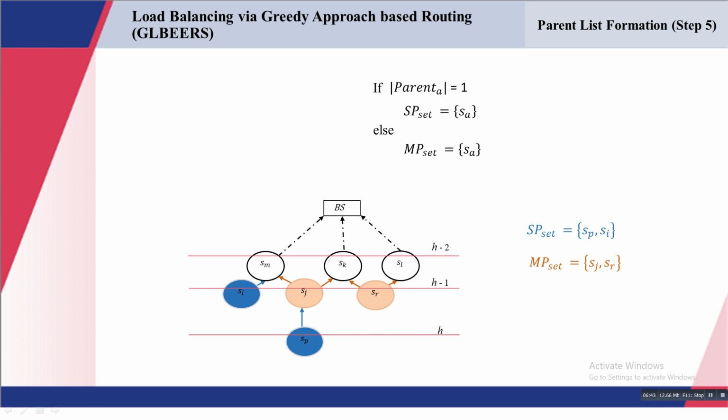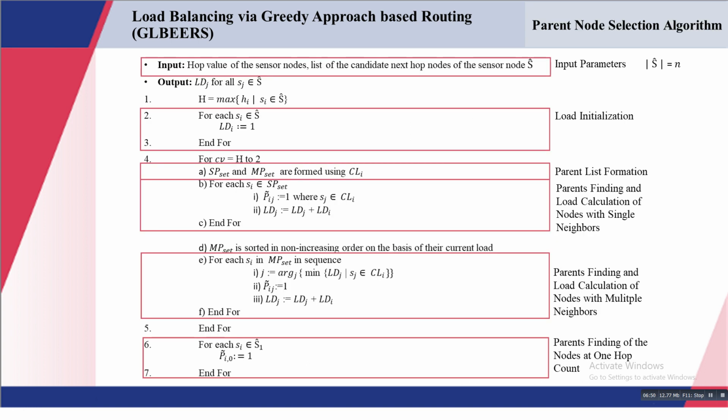Fine. Now we will see that once the parent list is formed, how this greedy approach works. Initially, the maximum hop count is calculated corresponding to all the sensor nodes in the environment, and this S hat represents the set of sensor nodes in the environment.